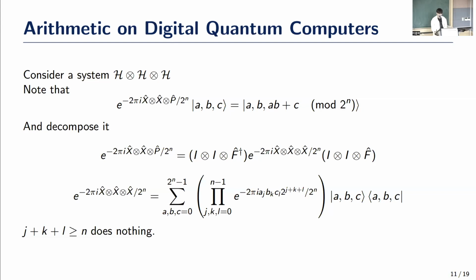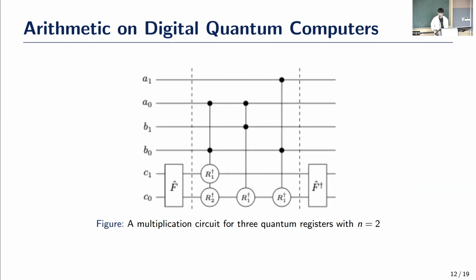This is because the eigenvalue of X tensor X times X is A times B, so the third register is shifted by A times B. And this can be decoupled with QFT and the time evolution of X tensor X tensor X. So it can be implemented by O(n cubed) gates. This is the multiplication circuit for three quantum registers with n equal to 2, and this can be implemented with two QFTs and four controlled rotate gates.